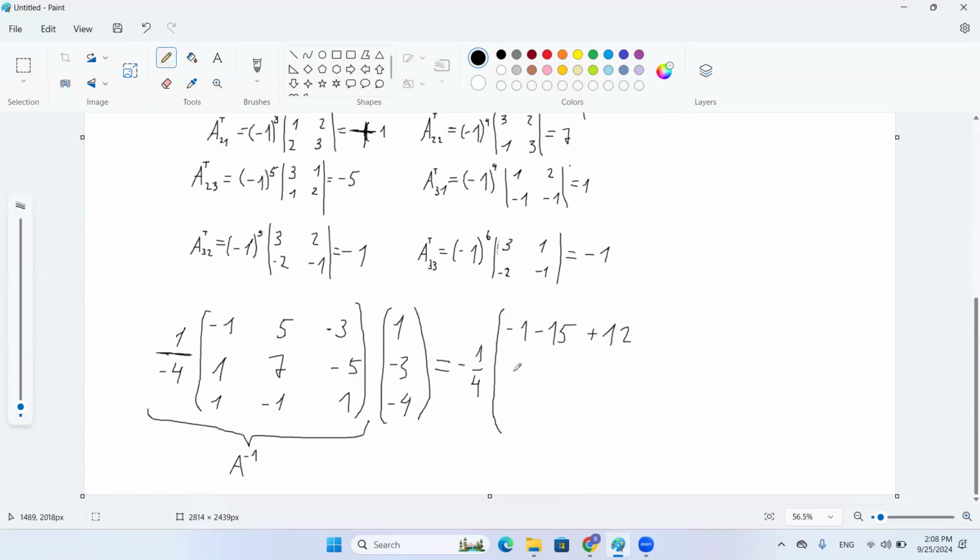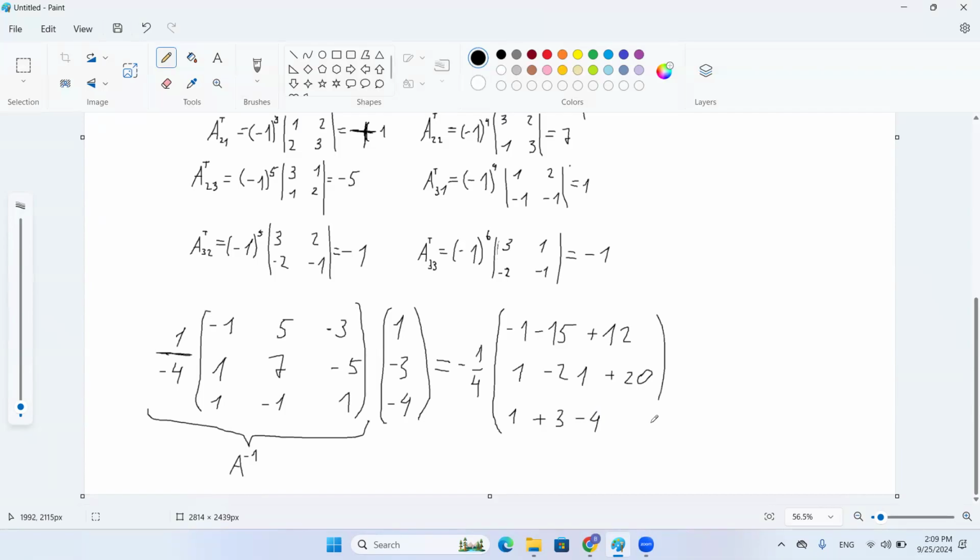So the next row: 1, minus 21, and plus 20. There we go. Plus 3 minus 4. 1 plus 3 minus 4.